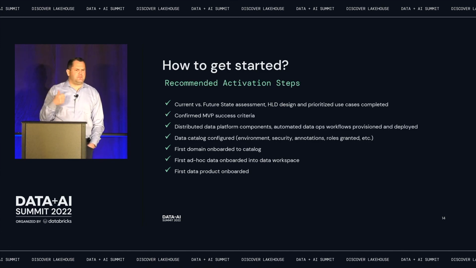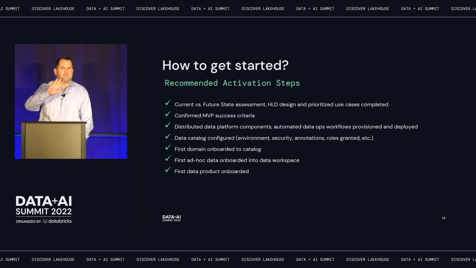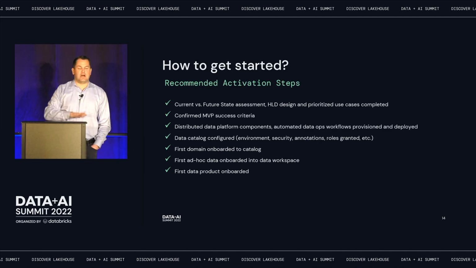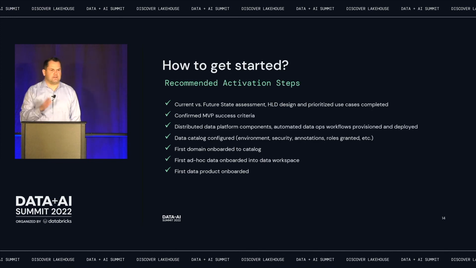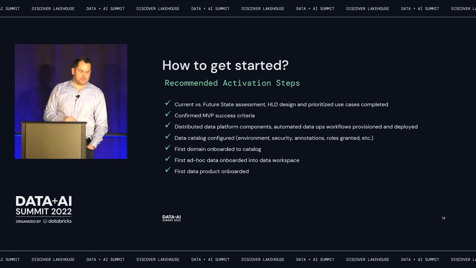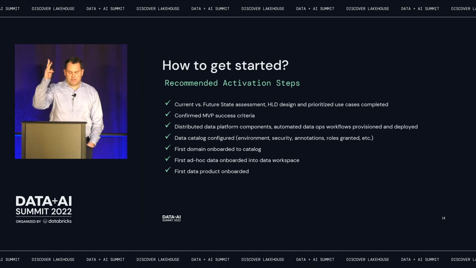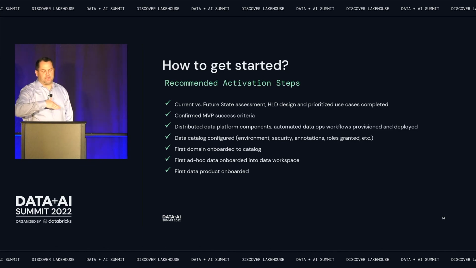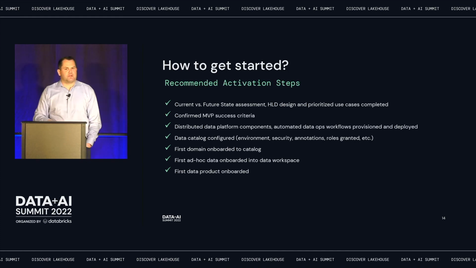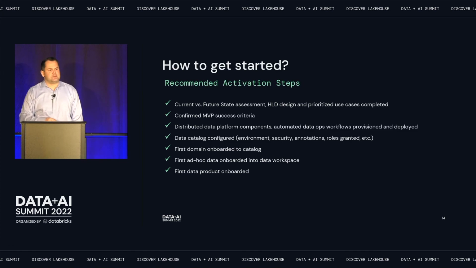What's the MVP? MVP is, think platform operations. How do you support this distributed state? How do you support data discovery? And how do you support data onboarding? That should be at the top of the list. Provision the platform, configure the catalog, first domain, ad hoc data onboarding, and the data products onboarded. Those are probably the right set of steps to get going.